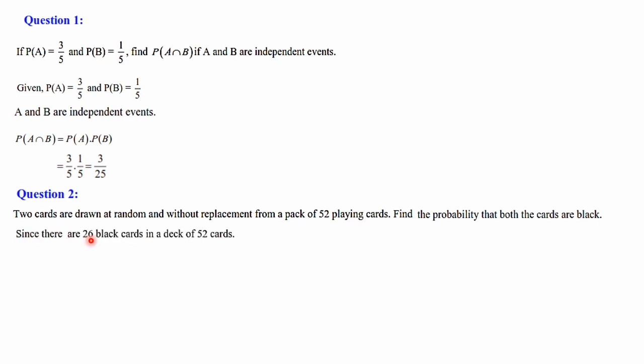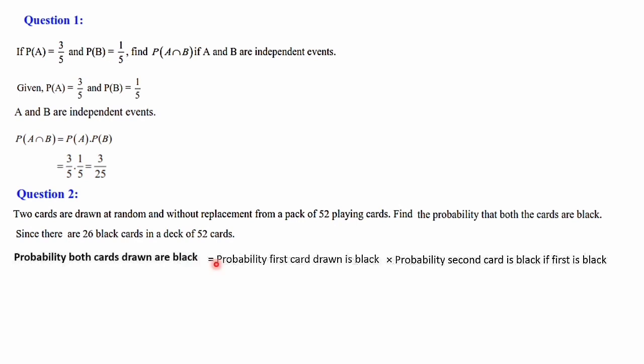Since there are 26 black and 26 red cards in a deck of 52 cards, and the question is about black cards, we have to think of the number of black cards. That is 26 black cards in a deck of 52 cards. The probability that both cards drawn are black is equal to the probability that the first card drawn is black into the probability that the second card is black if the first is black.